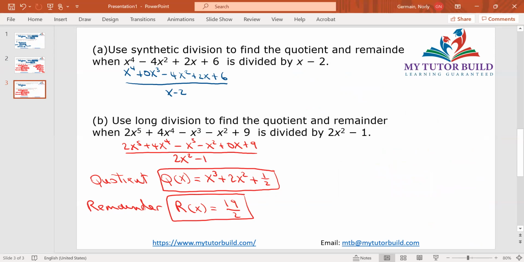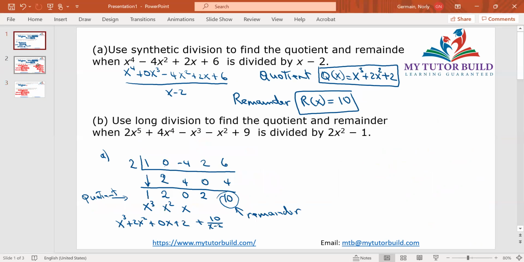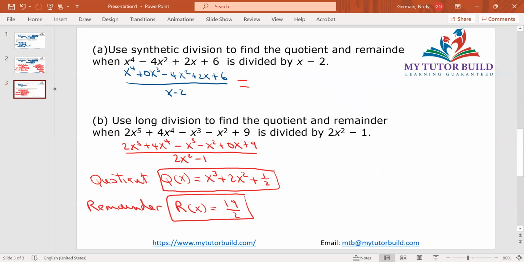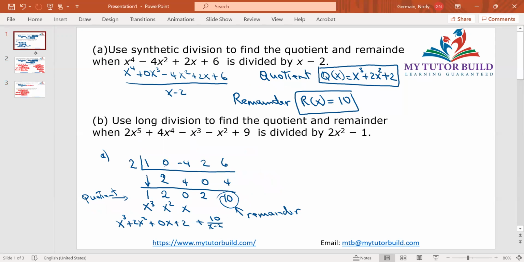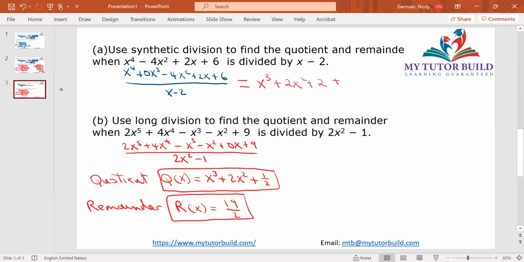We could definitely write the solution here as what did we find? x cubed plus 2x squared plus 2, plus the remainder. What was the remainder? It was 10. So we could write plus 10 over x minus 2, and this answer would be correct.